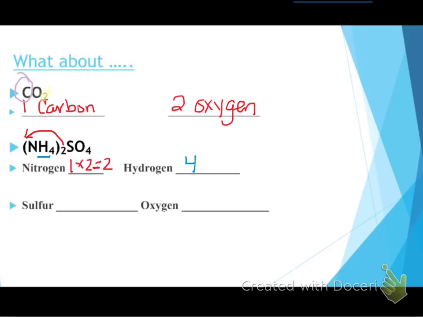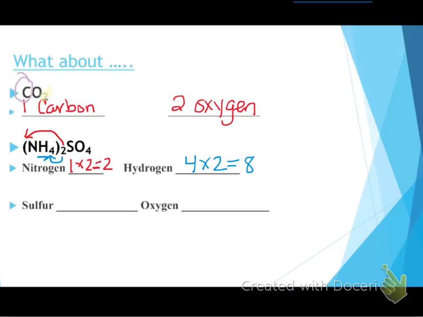Okay, so NH4, SO4 is ammonium sulfate. Looking at breaking this one down, there's a subscript 4 for the hydrogen, so we know there's 4 hydrogen there. Plus, you have to distribute the subscript outside the parentheses, so 4 times 2 is 8, giving us 8 total hydrogen.